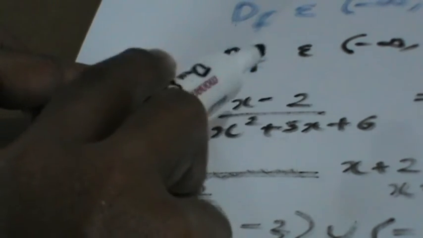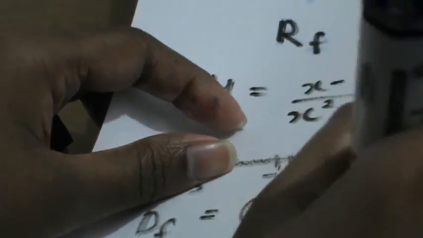So y can take any value from negative infinity to positive infinity. So the range of the function, Rf, is from negative infinity to positive infinity, both not included. This is the second example of this video.